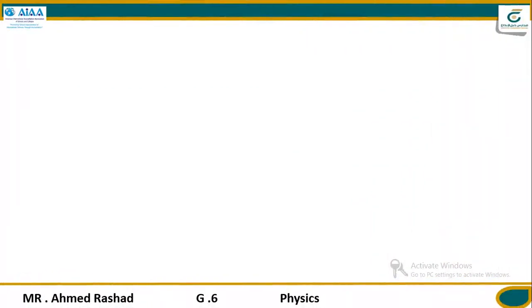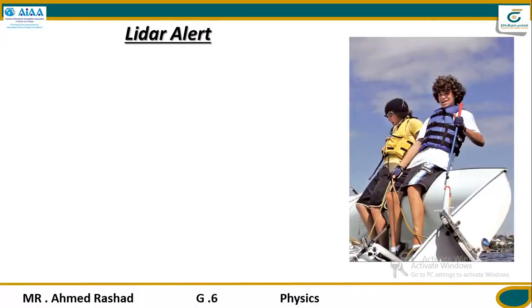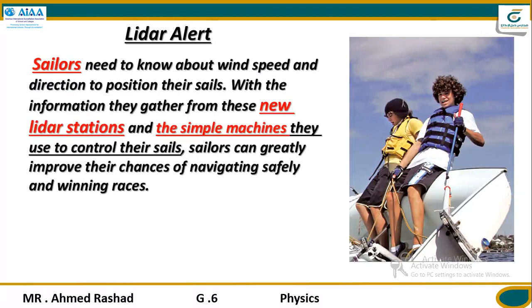The opener for our lesson today is talking about ladder alert. Ladder alert is technology used by some sailors to find locations in the sea. Sailors need to know wind speed and direction to position their sails.